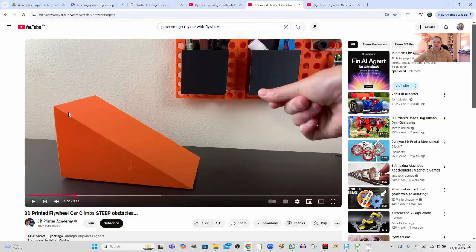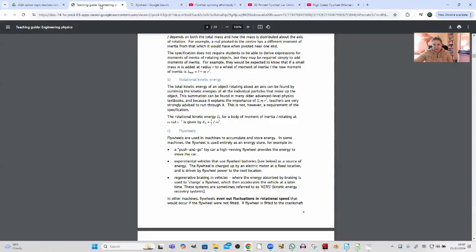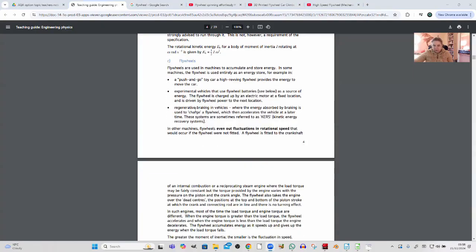Okay, so flywheels, right? Let's go back to our list of things. If we look at what it says about flywheels, there's the push and go toy car, which we've just seen. Experimental vehicles that use flywheel batteries.